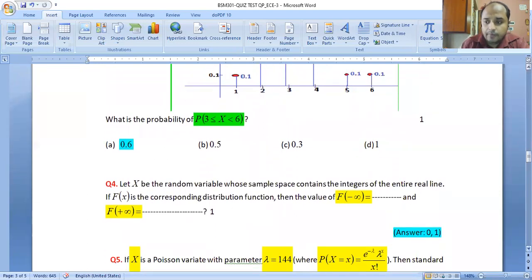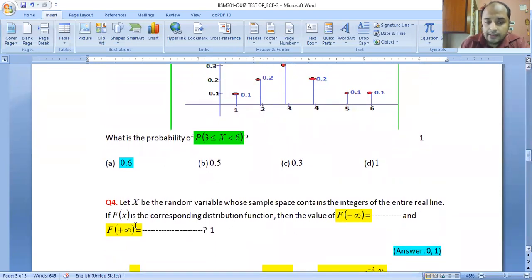I gave you a problem where it was written that let capital X be the random variable whose sample space contains the integers of the entire real line. Although the domain is the entire real line, you have to remember that capital X is not continuous. Capital X will take discrete real numbers from the domain.